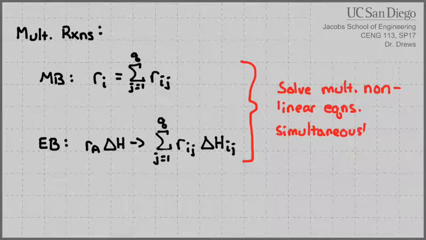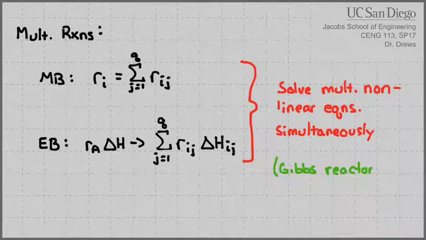We've actually already solved multiple nonlinear equations simultaneously. The other place that this comes up a lot was on one of your homeworks. You would have encountered the Gibbs reactor. No groans for the Gibbs reactor? Everybody loves the Gibbs reactor? It's a pretty good reactor. We had to solve multiple nonlinear equations there as well.